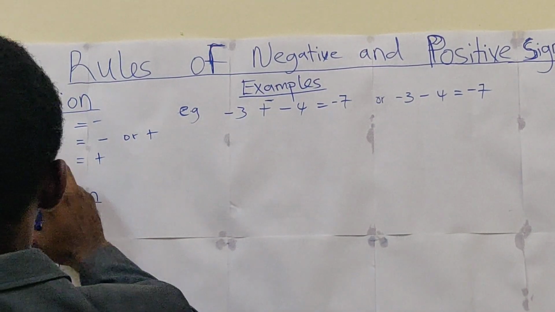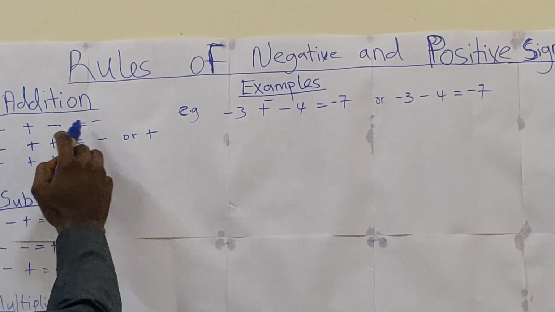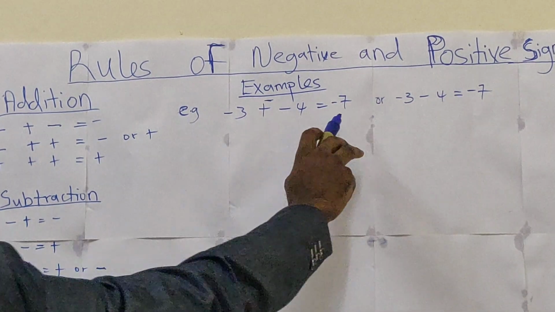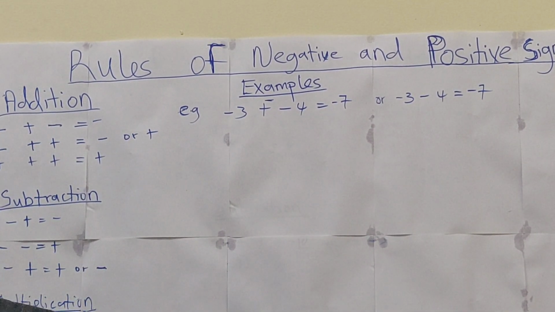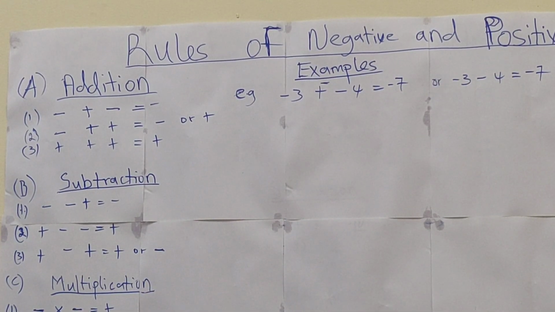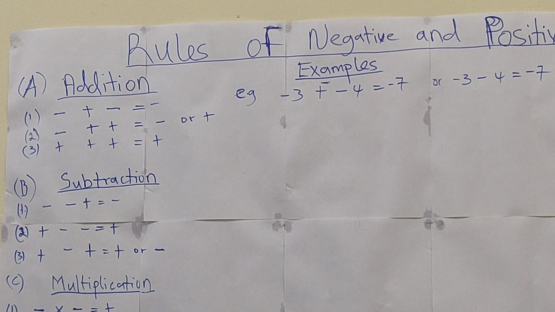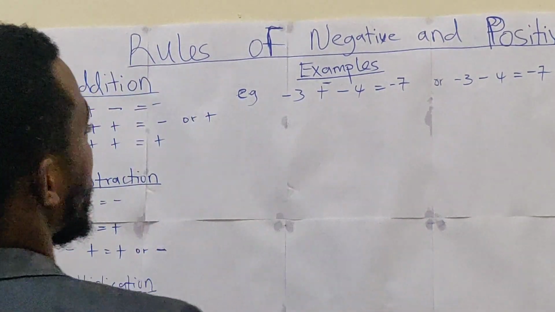Okay, that is why I wrote here negative plus negative equals to negative. As you can see, our answer is negative. I will move to the second. So, we are through with this one.